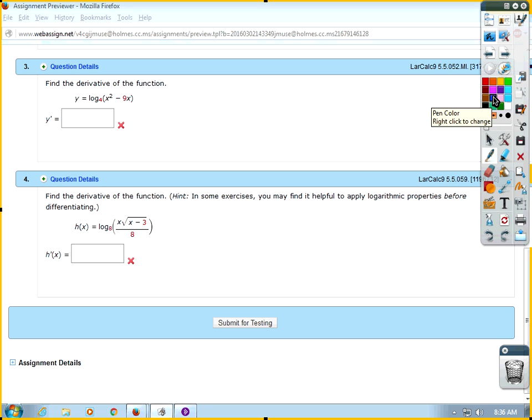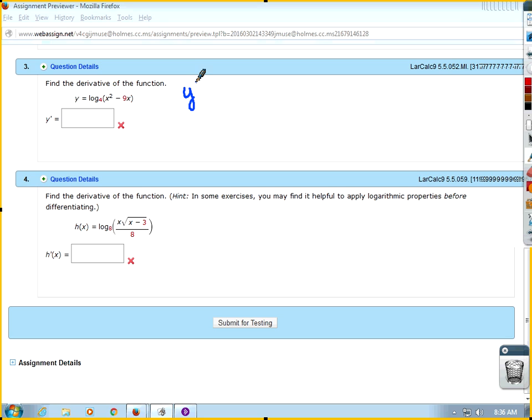And you can see the proof and where these came from if you just read through your textbook, your e-text. Okay, so y prime is 1 over the natural log of 4, and then times that argument, that goes on the bottom, x squared minus 9x.